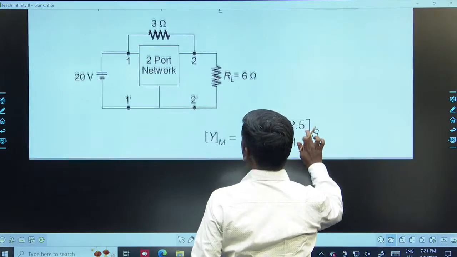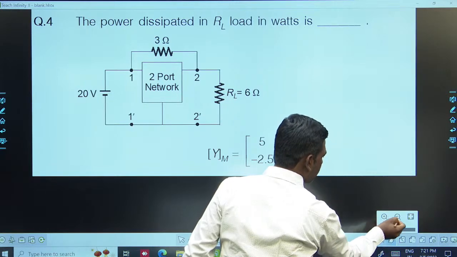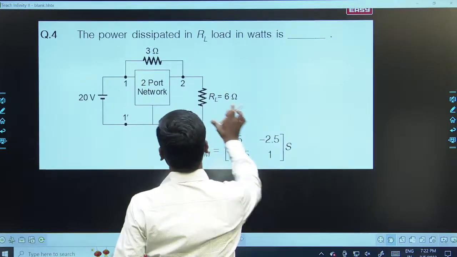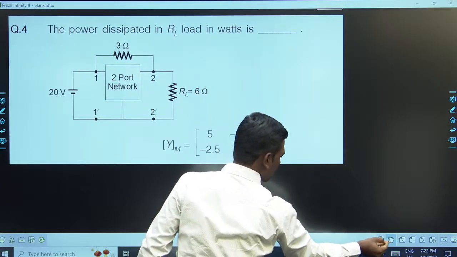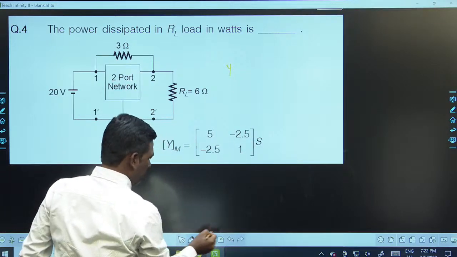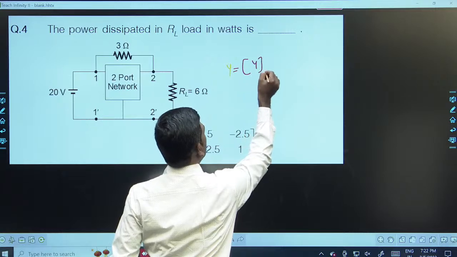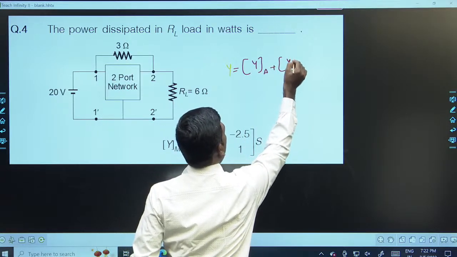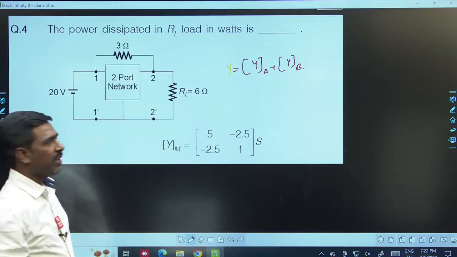Now how to find out the Y parameters? For a parallel connection, directly you can say Y is equal to YA plus YB in parallel. YB is already given. How to find YA?